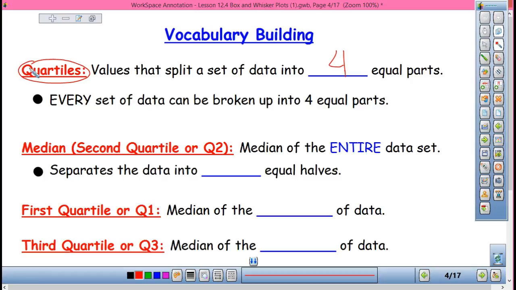Okay, so our median is our quartile 2, or our second quartile. Okay, and like we just did on the previous slide, it split our data into 2 equal halves.